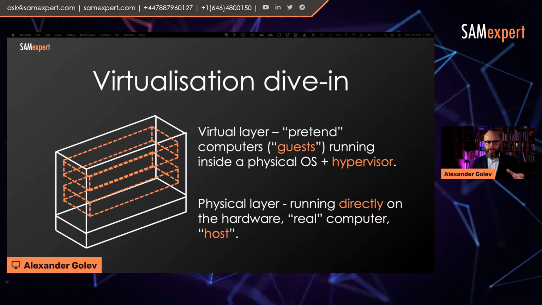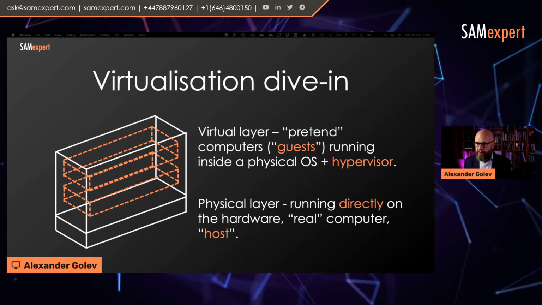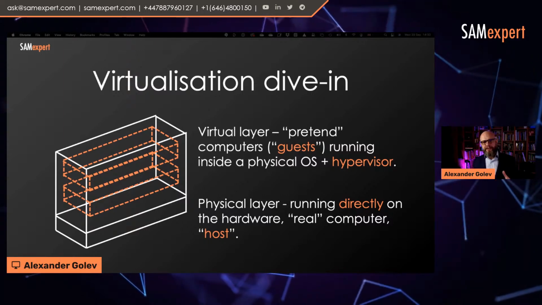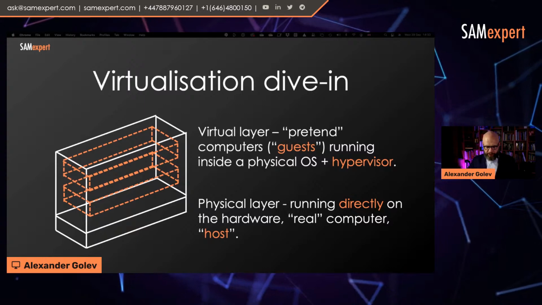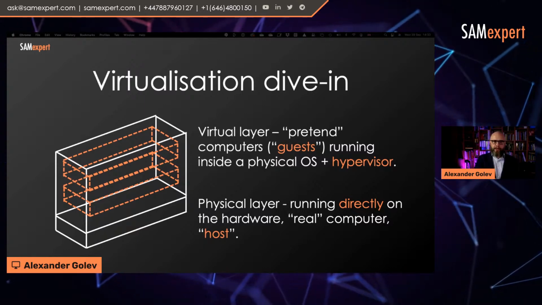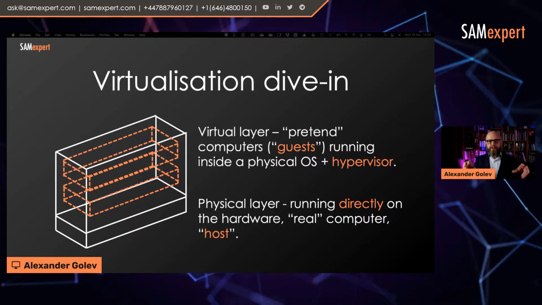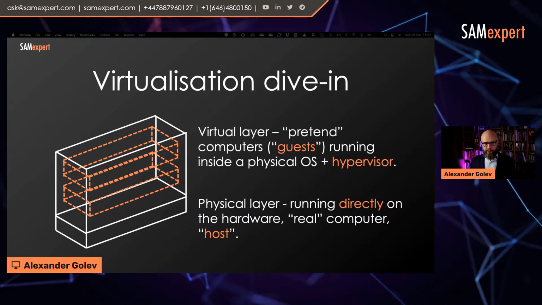Those are virtual machines, full-on computers, but they're not physical. That's why they're called virtual. When we say physical OSE, that means the operating system running on the hardware directly, without any layers between the hardware and the physical OSE. When we say virtual OSE, it means that it's running in that hypervisor, in that bubble.